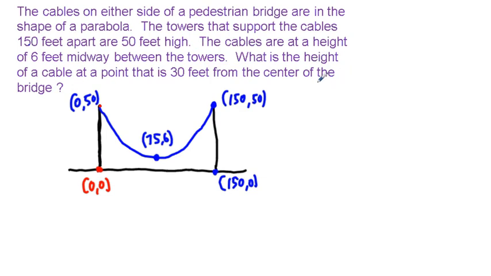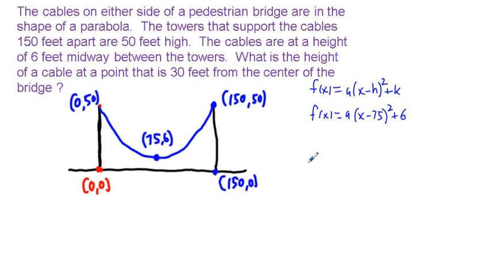f of x is equal to a times quantity x minus h squared plus k. We know our vertex is going to be 75, comma 6. So f of x is equal to a times x minus 75 squared plus k, which is 6.